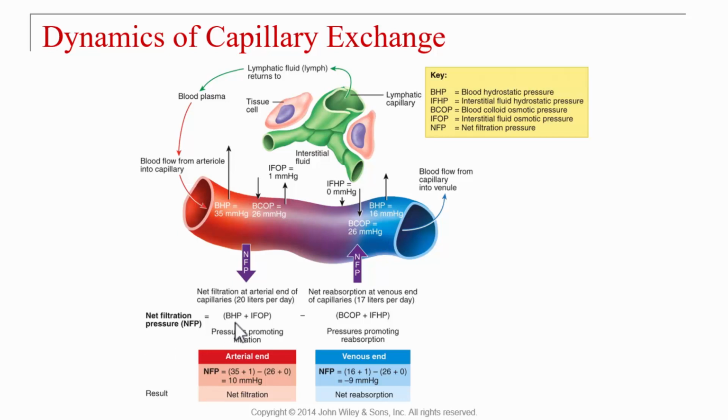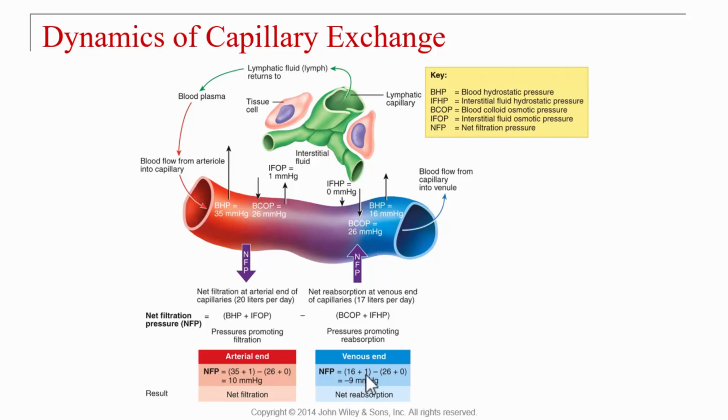And again, we're looking at blood hydrostatic pressure plus interstitial fluid osmotic pressure. On this side, that's going to be the 16 plus the 1, minus the BCOP. In this case, the BCOP on the venous side is 26, plus the interstitial fluid hydrostatic pressure, 0.